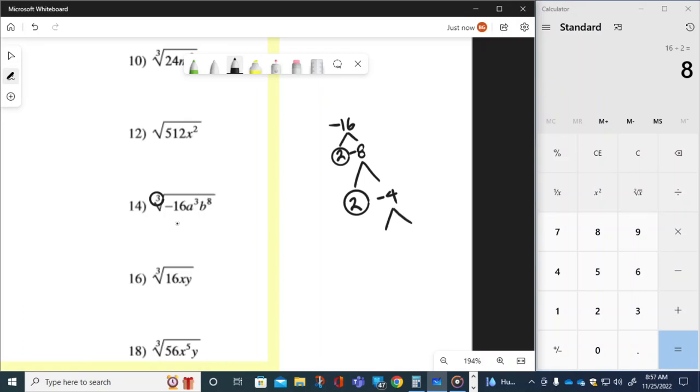And then 2 times negative 2, okay? All right, so you've got the result, obviously it's going to be negative. So you've got 1, 2, 3, 4 2s, all right? You've got 4 2s, so it's negative 2 times 2 times 2 times 2, okay?